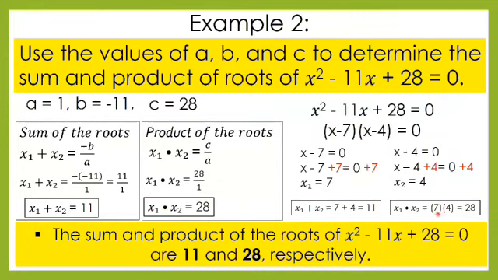The product of 7 and 4 is 28. So as you can see, the sum of the roots is 11 and the product of the roots is 28. So the answer for the sum is 11 and the product is 28.